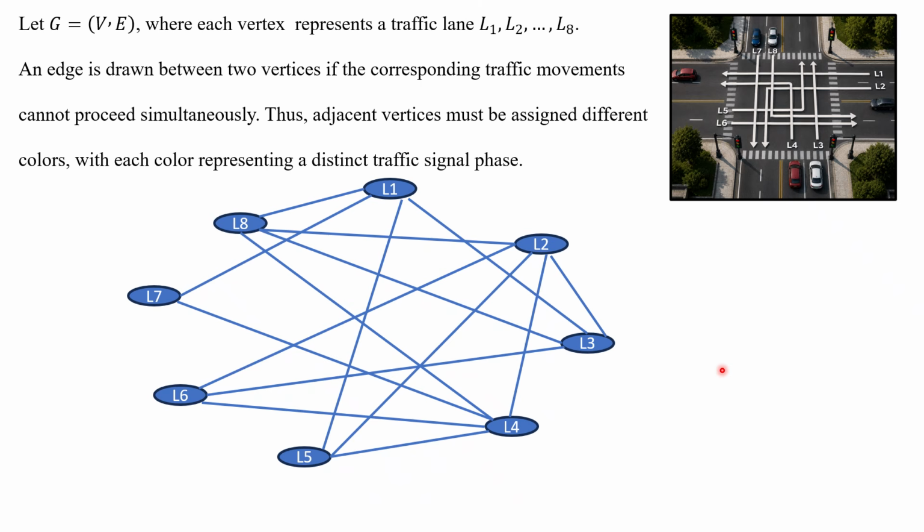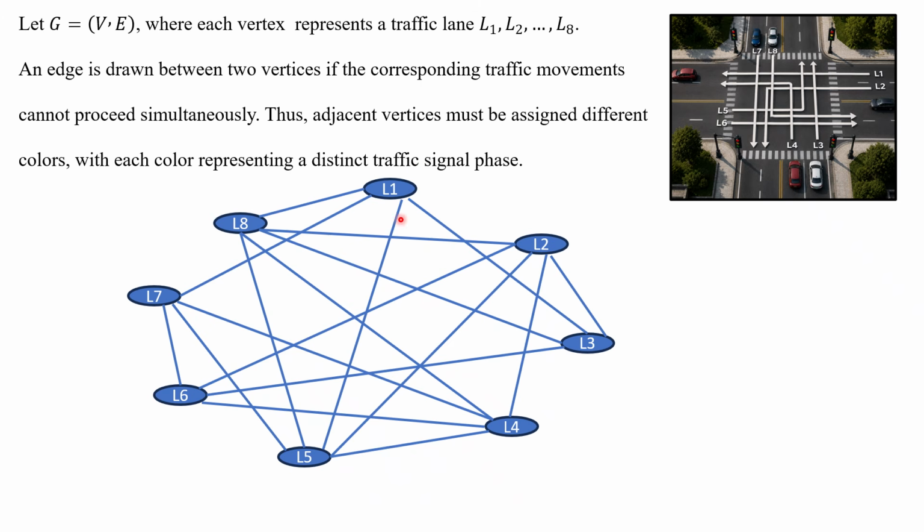L5 is intersecting with L1, L2, L8 and L7. L6 is with L2, L3, L4, L7. And L7 is with L1, L4, L5, L6. L8 is intersecting with L5, L4, L3, L2 and L1.